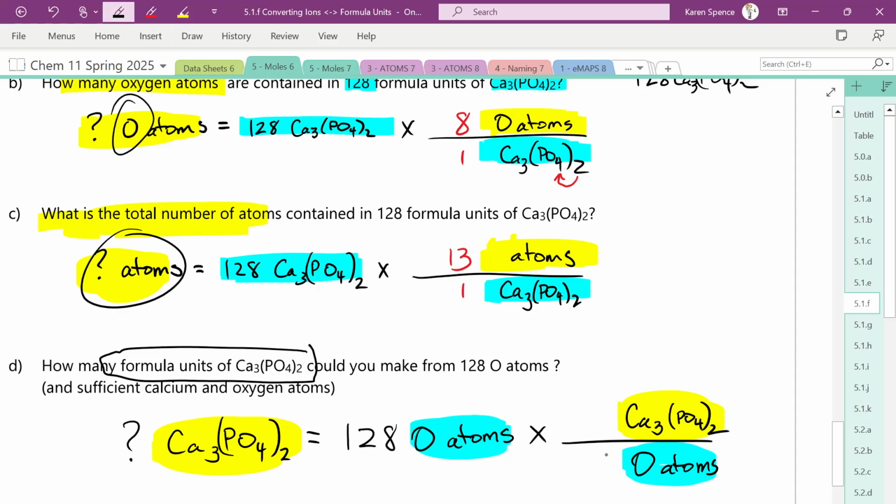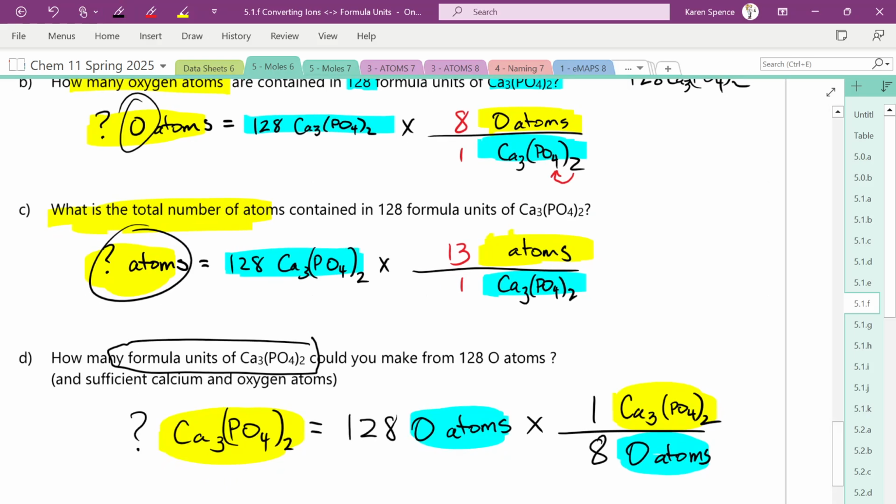There were 8 O atoms in every one of those. So when you're converting between particles, your numbers should be small, usually. It's going to be like a 1 to 8 or a 1 to 13 or a 13 to 2 or something like that. They'll be small numbers because you're counting using the formula. Okay?